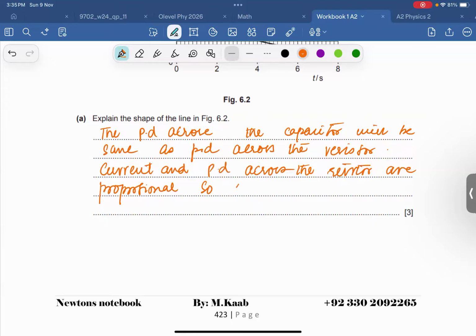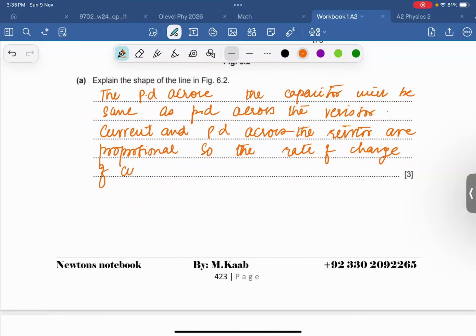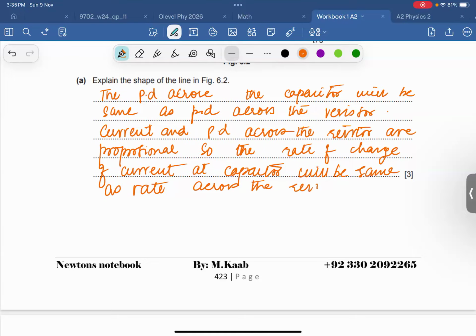So the rate of change of current at the capacitor will be the same as the rate across the resistor. That's it.